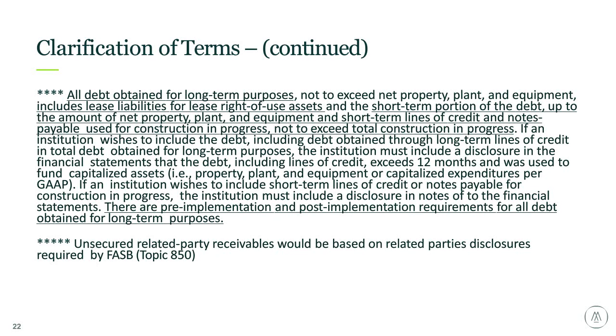Also, for the related party transactions, it's the related parties that are subject to topic 850. So if you do have related parties that fall within the scope, you need to make sure it's included as part of the calculation. For long-term debt, it's been updated to reflect the changes for the lease standards.